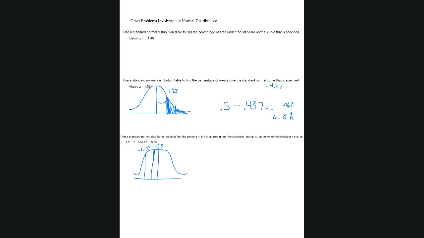Now, what I want in this case is the area in between these numbers. So I'm going to find the area from here all the way over, the area of 1.3, and then subtract the area of 0.75.